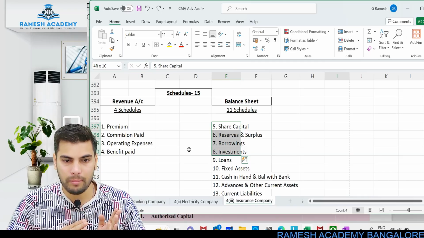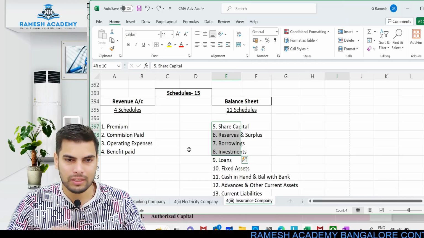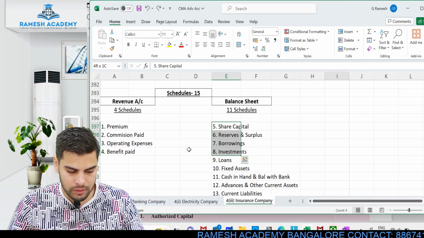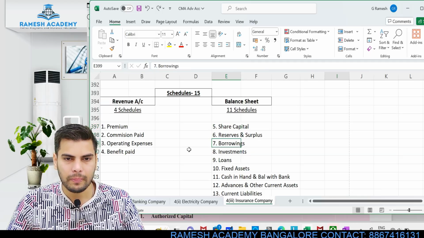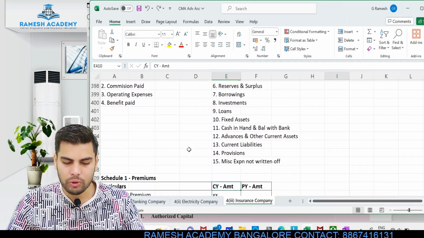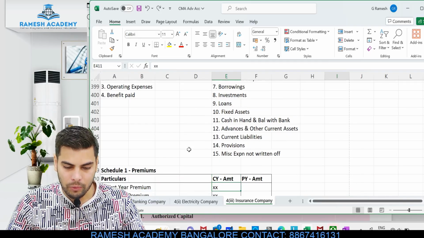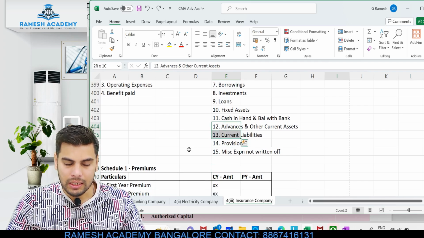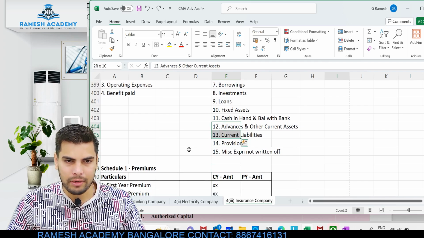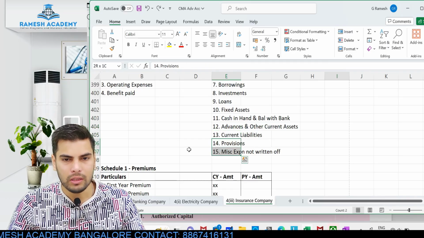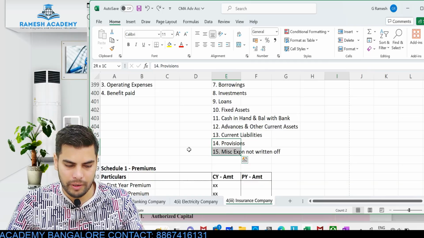Similar to the banking company, there also it was fixed assets, and I told you how to remember it: accounting standard 10 also deals with fixed assets. Then 11 is cash in hand and balance with banks, 12 is advances and other current assets, 13 is current liabilities, 14 is provisions, and 15 is miscellaneous expenses which have not been written off yet.